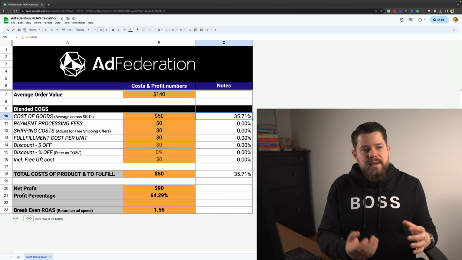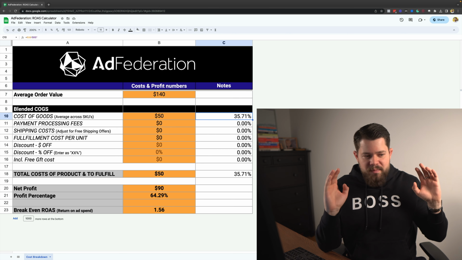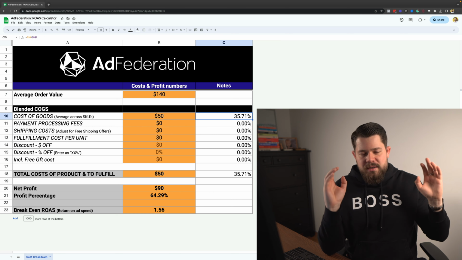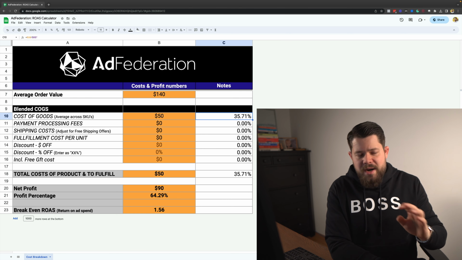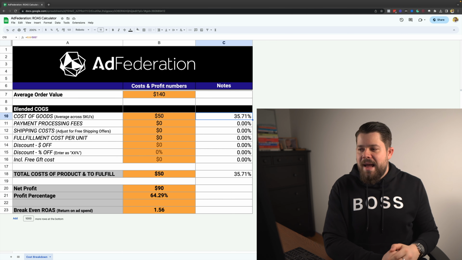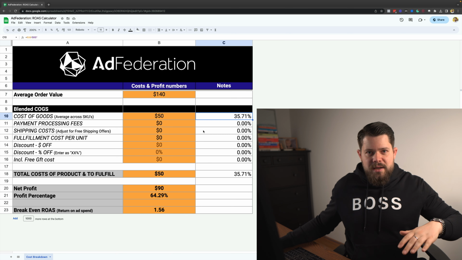So if you really have tight hands, and your costs are already the cheapest they can possibly be, like all people in factories already hate you because you haggle with them to the bone, and it just cannot get lower.